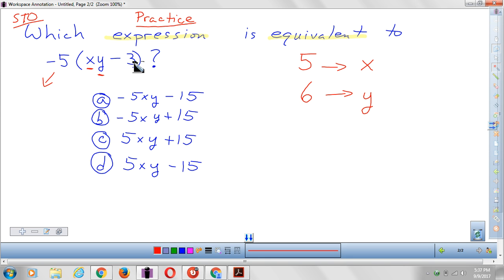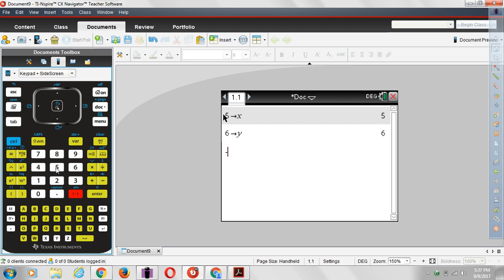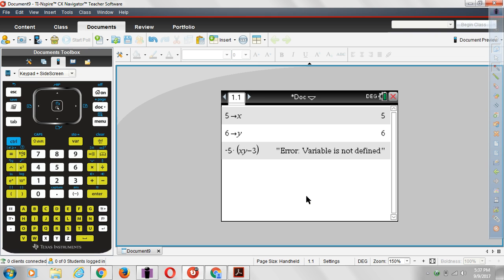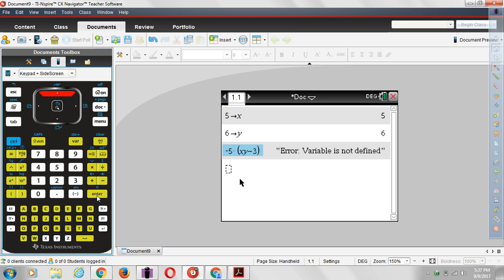-5 times the quantity xy minus 3 is my question. -5 times the quantity xy minus 3. When I press enter, I get an error. Uh-oh, something's wrong. The first thing I can see is that the x and the y are not dark.